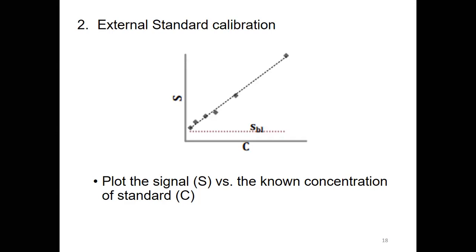We call them standards. After we prepare the series of standard solutions, we measure the analytical signal, and then the analytical signal versus concentration is plotted. And here you will get a linear graph.